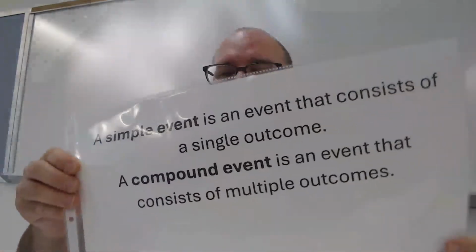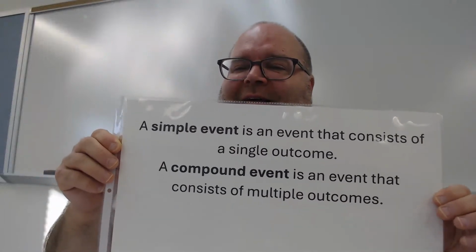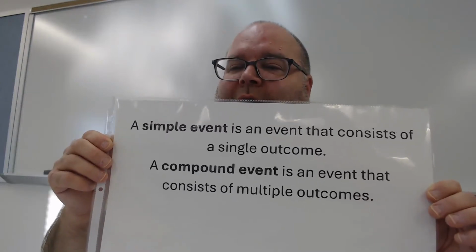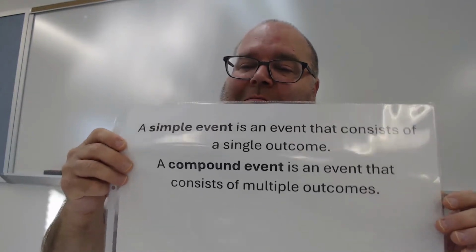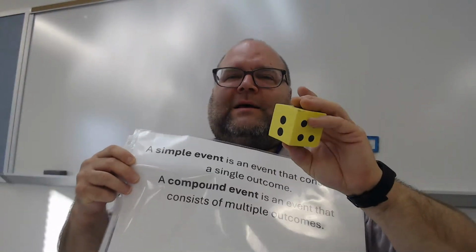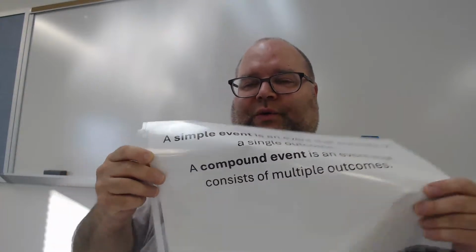A simple event is an event that consists of a single outcome, where a compound event is an event that consists of multiple possible outcomes. So if I roll one die and I'm looking for a 2, then the only event that I care about is landing with a 2 up. If I roll a pair of dice and am looking for any arrangement of our dice that includes a 2, then that would be a compound event.